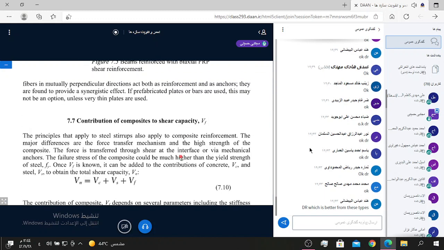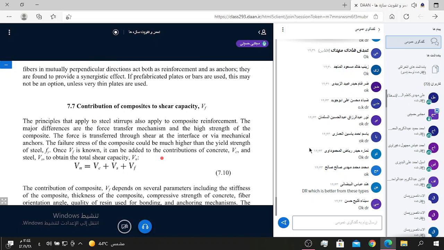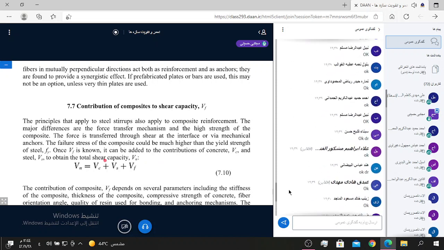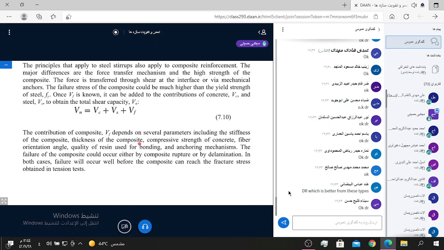But if we use FRP, the contribution of composite to shear capacity is shown by VF, okay? Then concrete, steel, and FRP, they have contribution in total shear capacity VN, yeah?